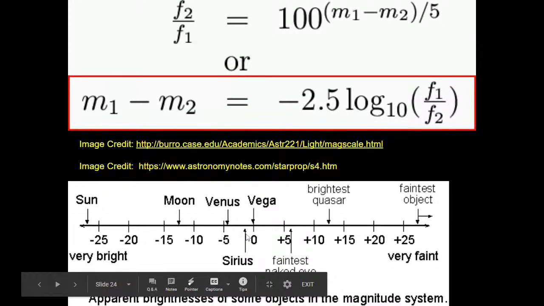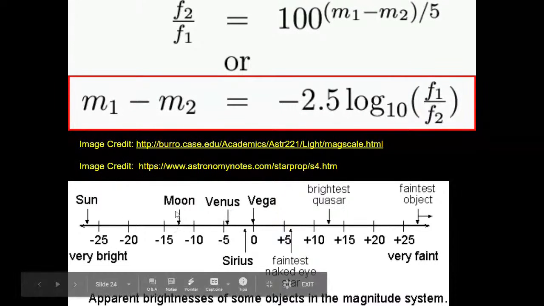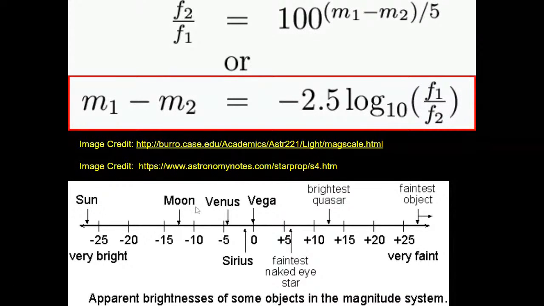And you can see Sirius star's magnitude is negative. That means it's very bright. Venus appears even brighter. Its magnitude is -5. Moon is even brighter because Moon is closer, although neither Moon nor Venus produce their own energy. They only reflect the amount of radiation they receive from the sun.